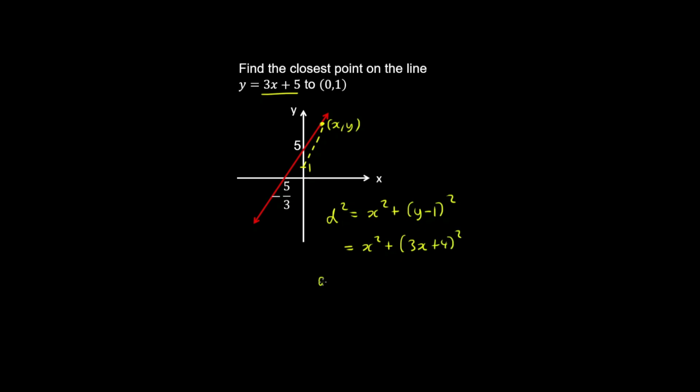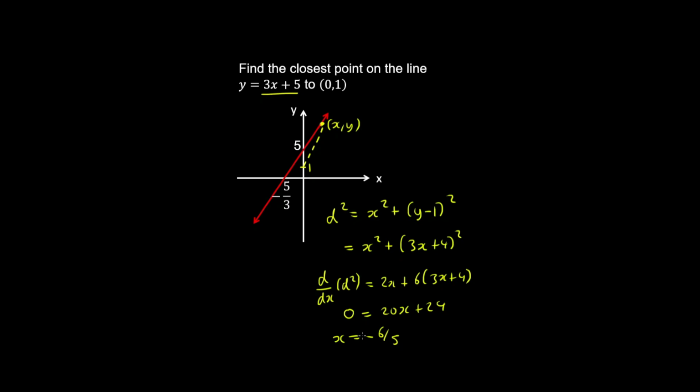And then we differentiate with respect to x. We differentiate the squared distance, and what we get is 2x plus 6 times (3x plus 4), which is equal to 20x plus 24. Now we can set this derivative to 0, and therefore x is equal to minus 24 on 20, or minus 6 on 5.